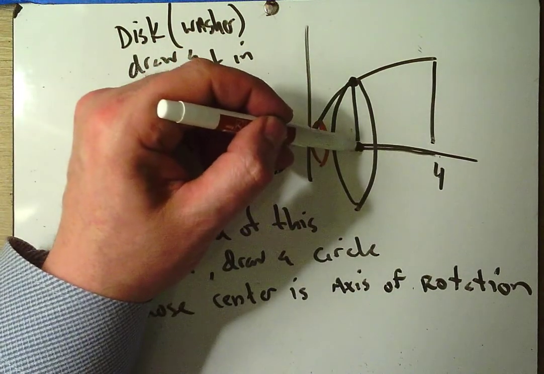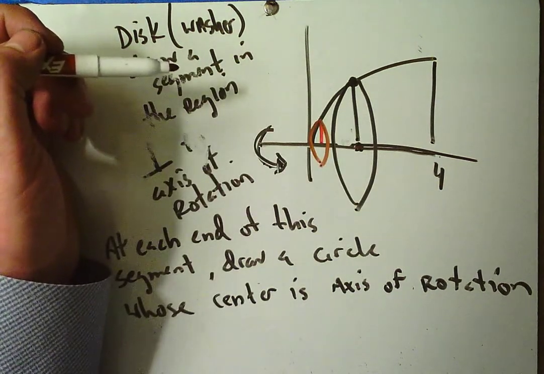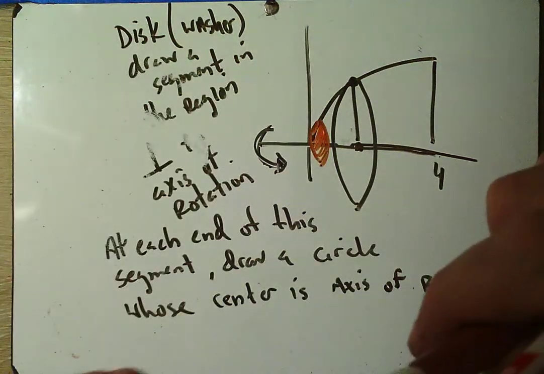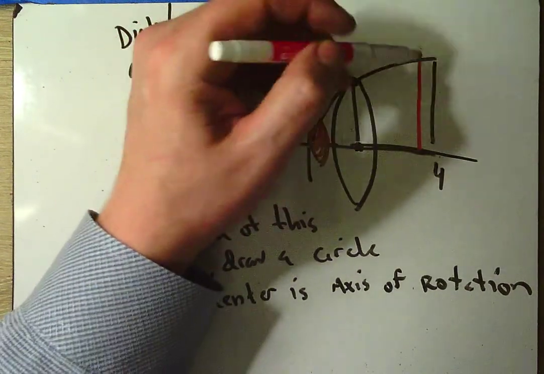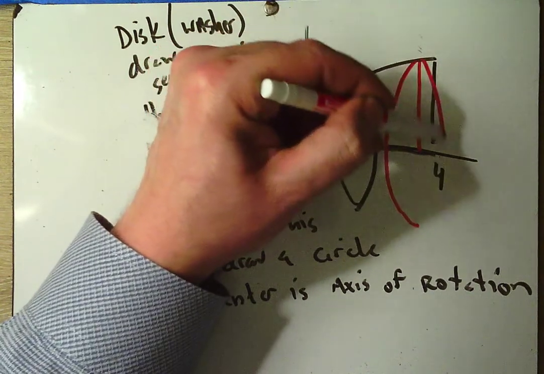Well, yes, I did, because here, this endpoint is on the axis of rotation, and so I only generate one circle. Same thing happens out here. I could do this, and then rotate that around.